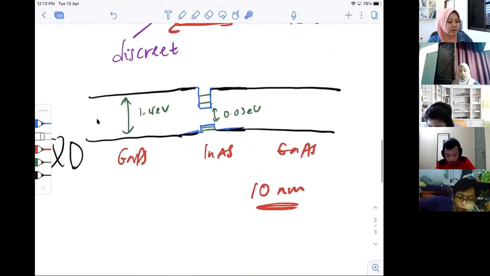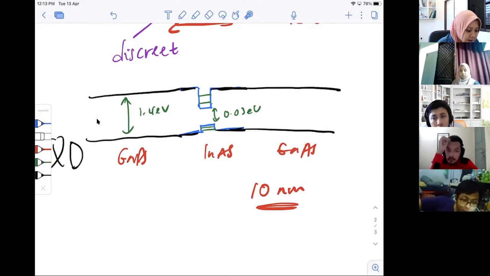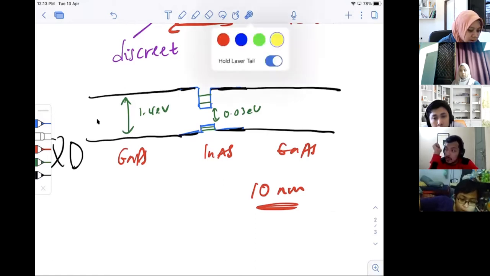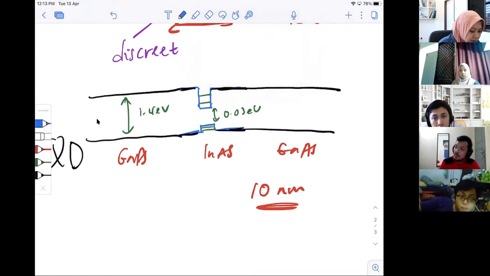For a quantum dot, it is confined in 3D. It doesn't move. If you have an electron here, it will go into the quantum dot.